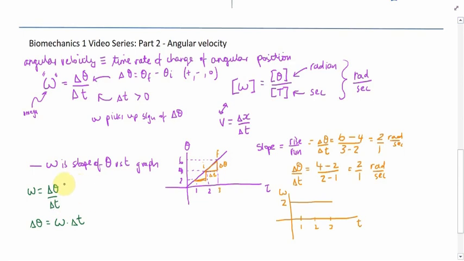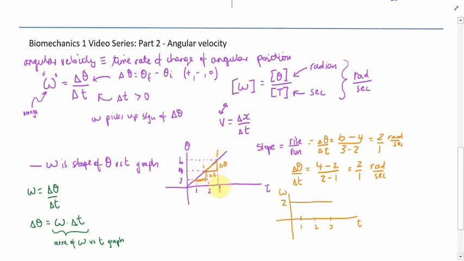In essence, this ends up being the area of an angular velocity versus time graph, and I'll now prove that it is true.